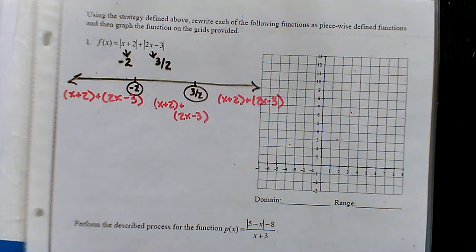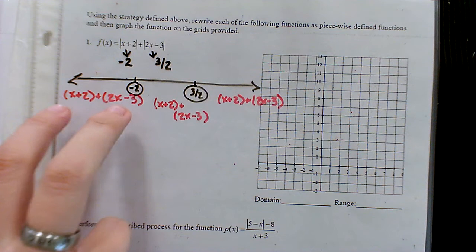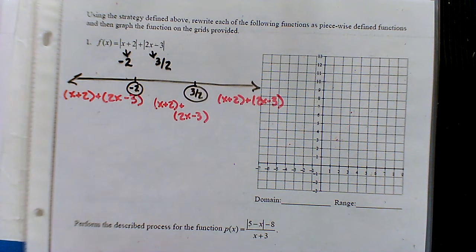So the reason we write it in each interval is because we want to figure out what this graph would look like, or how it would behave on that interval. That's going to help us eventually graph it.